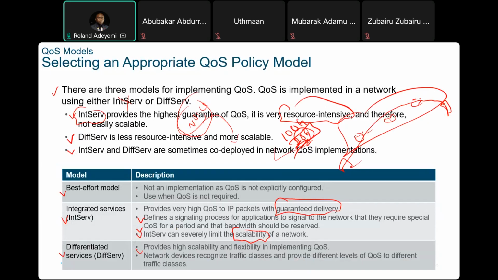So it is your job as the administrator to decide how your devices will treat the different traffic, how it will be queued, who goes first, who goes next, the bandwidth that will be given, and so on. It is your job. But unfortunately, there's no lab in this particular chapter, so I'm not going to be able to configure anything. I hope I'm communicating, please.